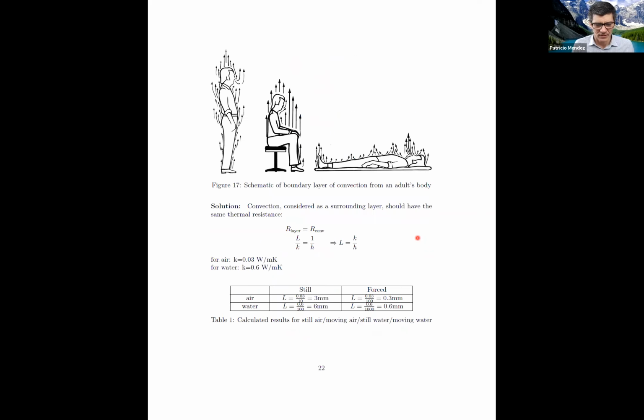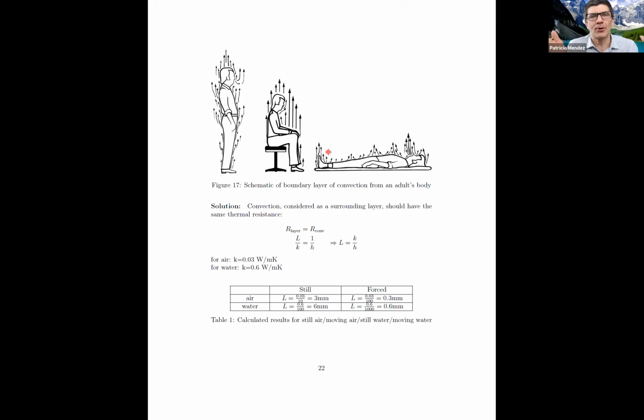So here we have a person that is warm, and the air goes up, just like you see the hot air rising from a bonfire. And this is the way we're going to calculate the thickness of this boundary layer. The heat I'm losing by convection can be calculated.